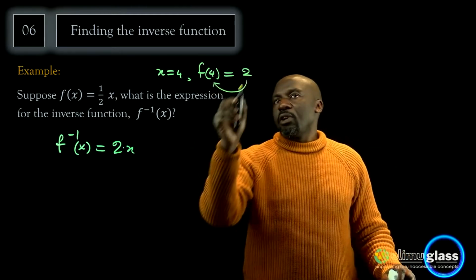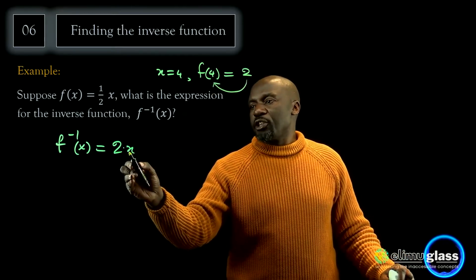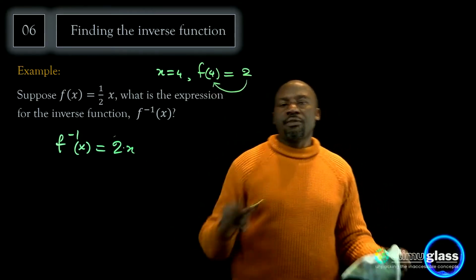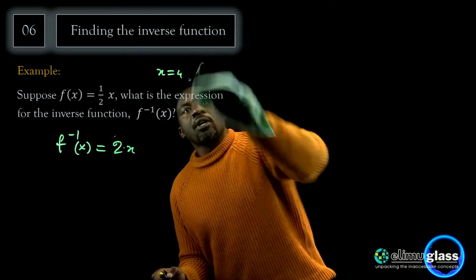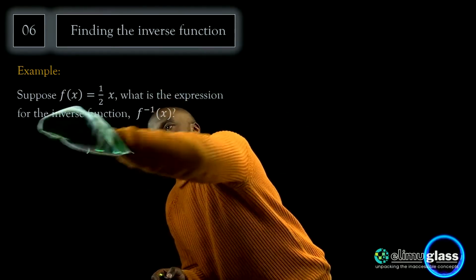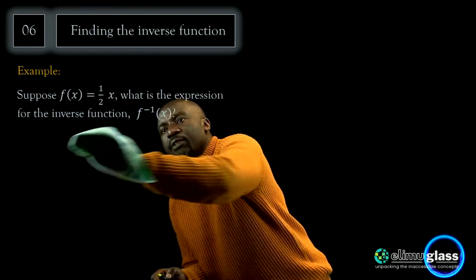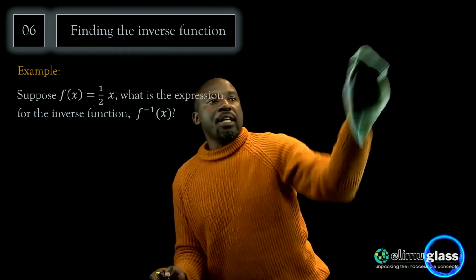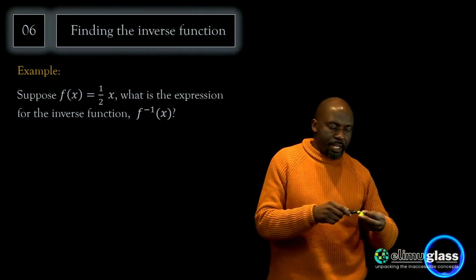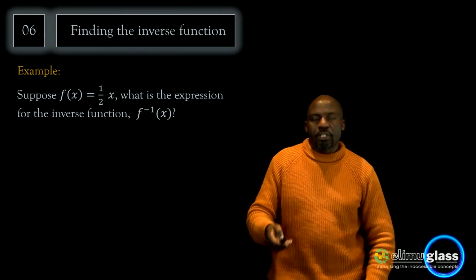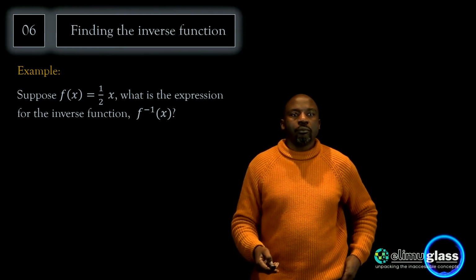Okay? So if I take my 2 and put into this function here and multiply, I will get 4. So clearly this is the inverse of our original function, like that. Okay? In some cases, it's straightforward looking for the inverse. We can tell the inverse by just looking and interpreting offhand. But in some cases, we have to go through an algebraic process, and we will be going into that in the next video. But let's just take a look at another one.